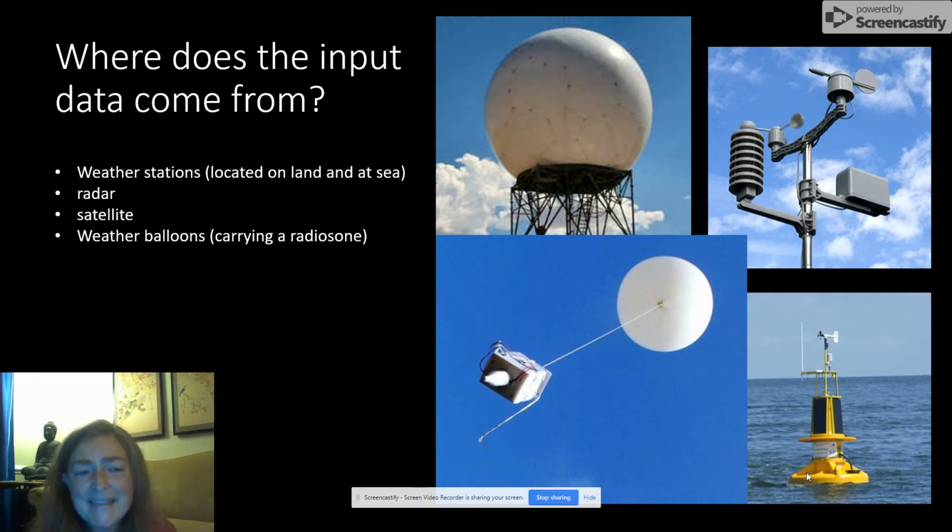And then we have weather balloons and radar. So this is radar right here, and this is a weather balloon. This is the radiosonde right here that's attached to a balloon. It goes up into the air column and it takes readings at various altitudes, and that's where we get the differing information for each altitude for the air column grids that you saw on the first slide.